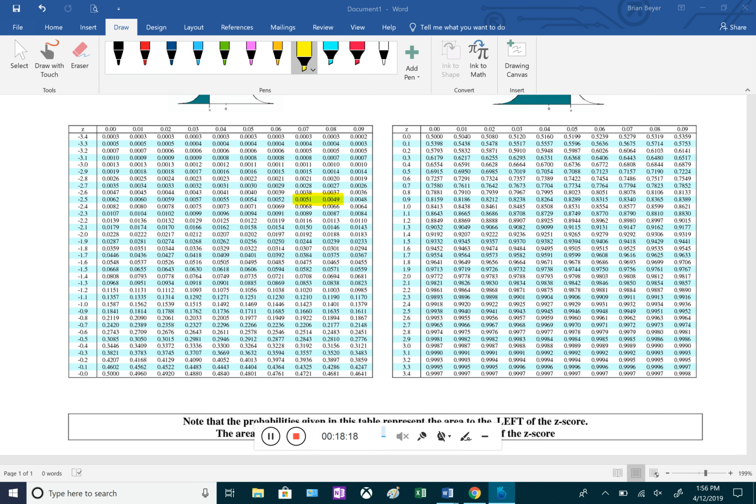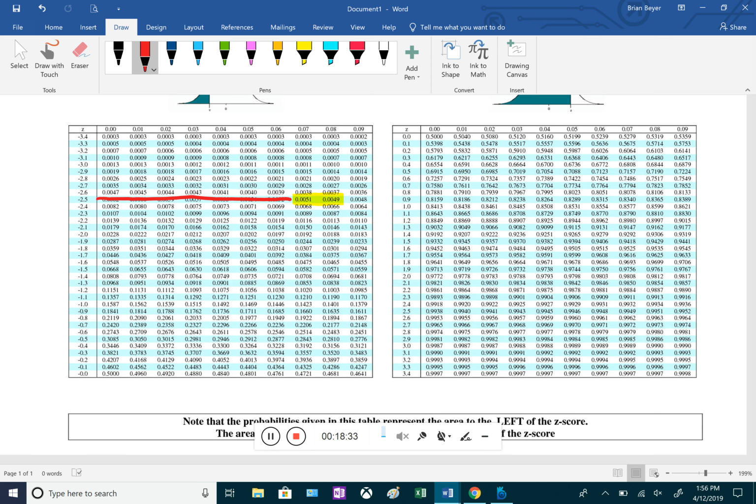It is exactly between 0.0051 and 0.0049. Remember, you can think of those as 51 and 49. Our value would be 50.